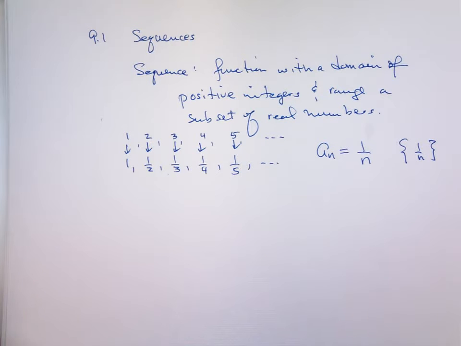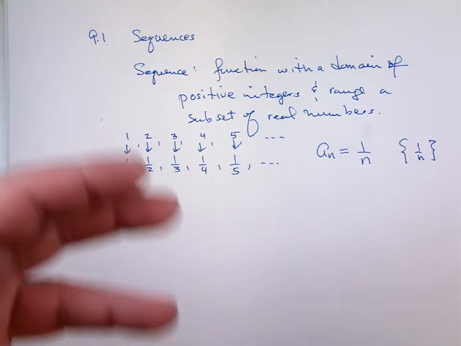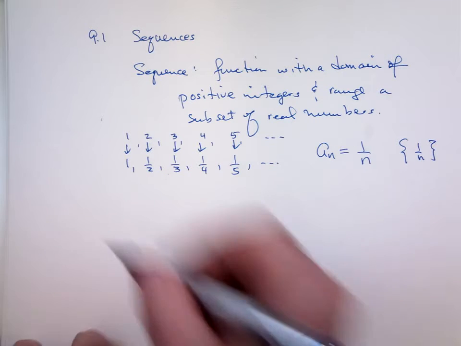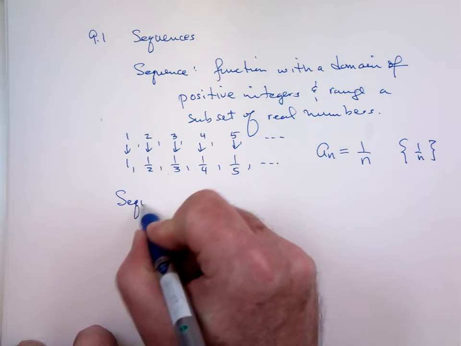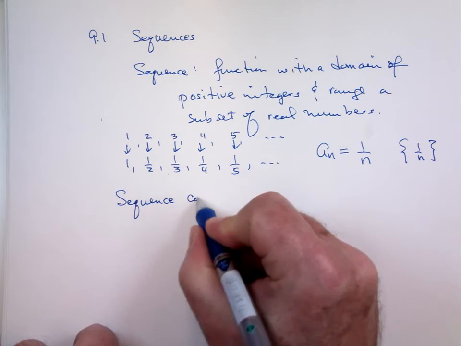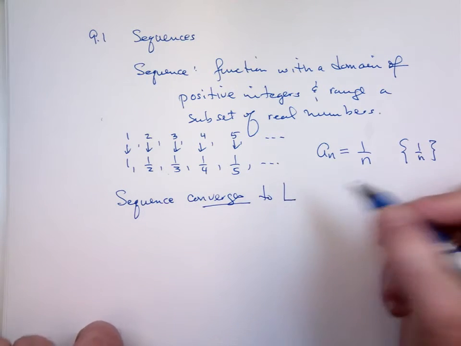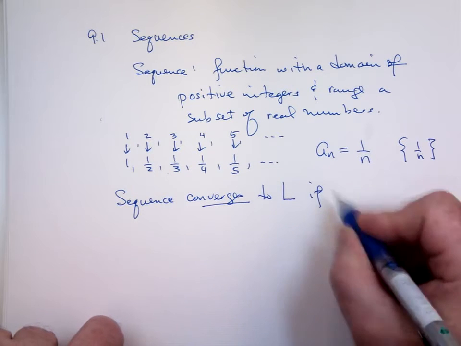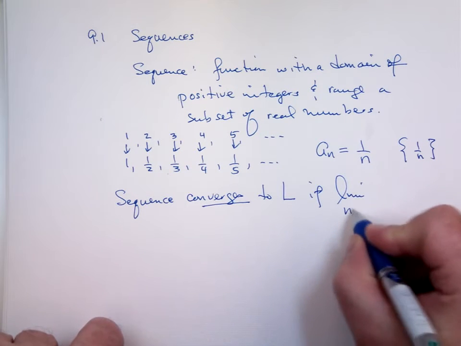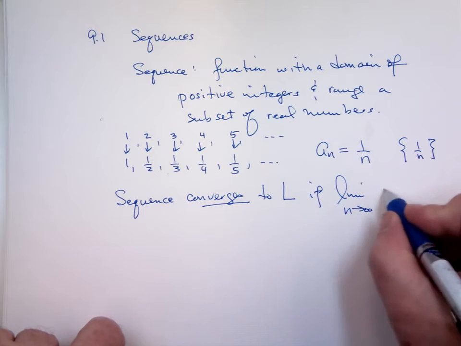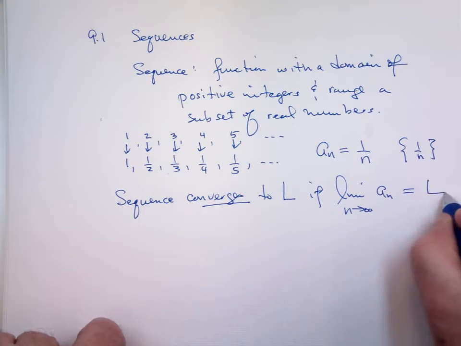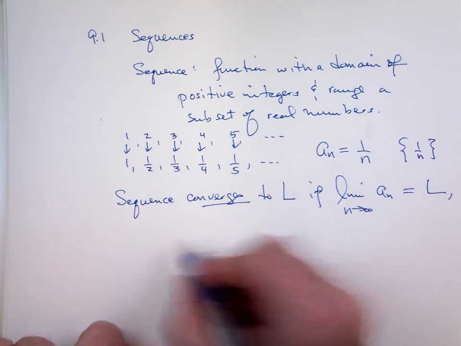Immediately obvious. The other thing you're going to be asked to do is determine whether the sequence converges or diverges. Very similar to what we did with improper integrals. The sequence converges to some real number L if the limit as n goes to infinity of that nth term is L, a real number.